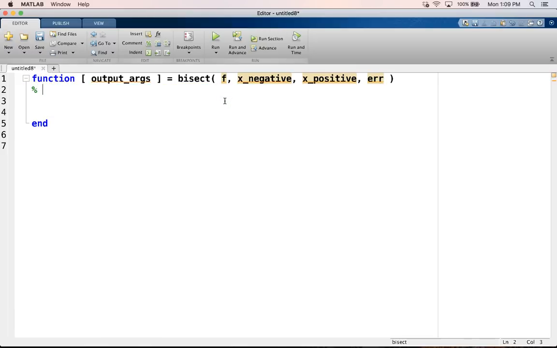So let me put in some comments to explain what we're trying to do. So ideally, we want to find z such that f of z equals 0.